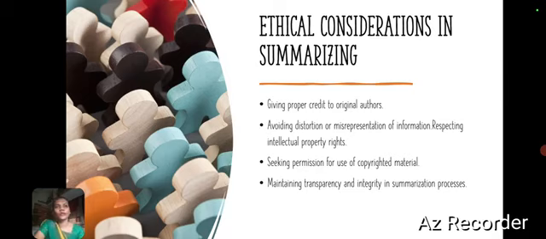We have to focus on the main point. Respecting intellectual property rights. Seeking permission for use of copyrighted material. If you are going to summarize someone's copyrighted material, you should be careful before taking notes. And maintaining transparency and integrity in summarizing, because it should be transparent to everyone. You have to give credit to the original authors.